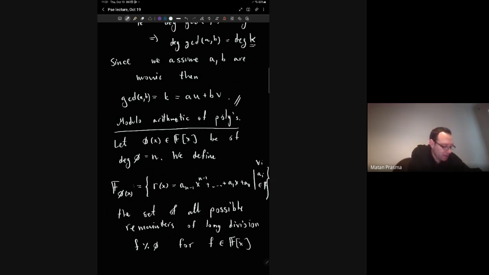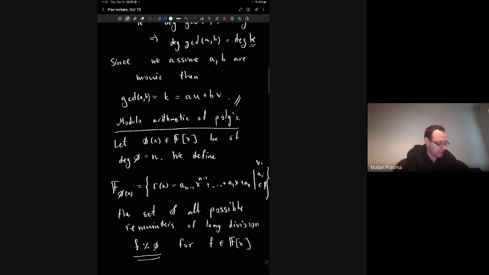Clearly the remainder has to be of degree smaller than the degree of phi. And any polynomial of degree n minus 1 or lower can be obtained as a remainder.